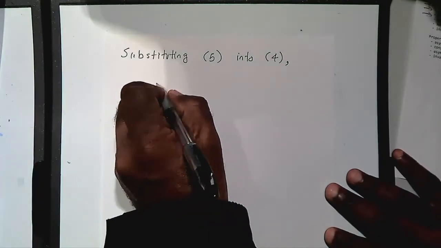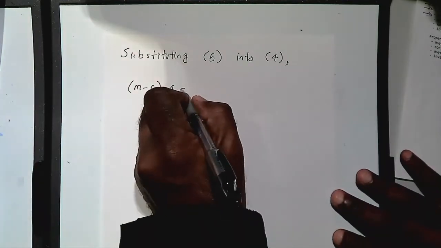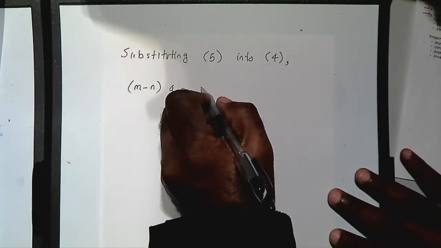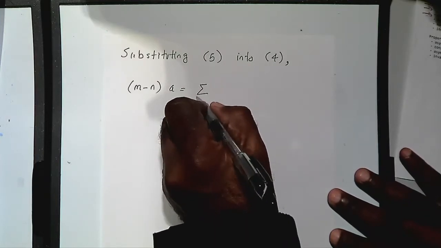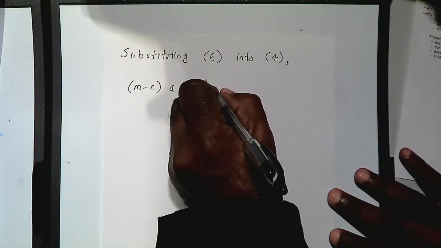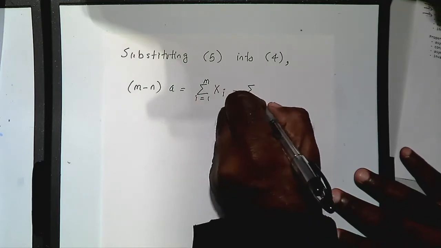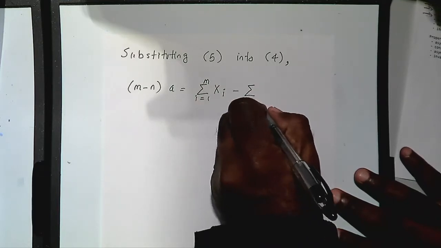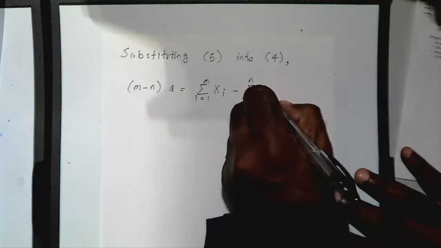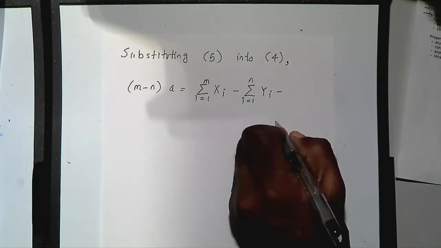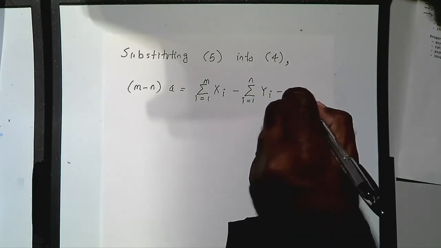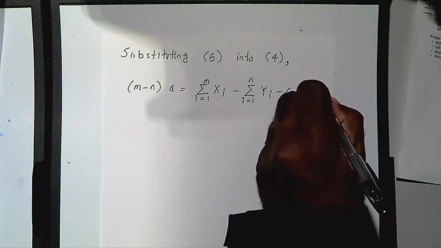m minus n a equal to sum of xi minus sum of yi minus m plus n b hat, right?